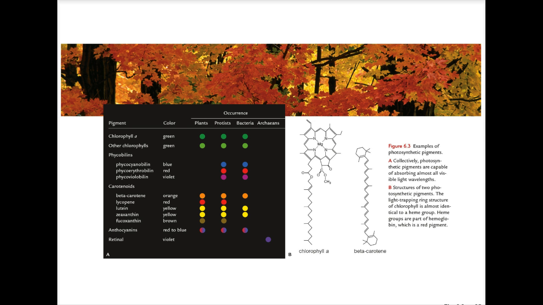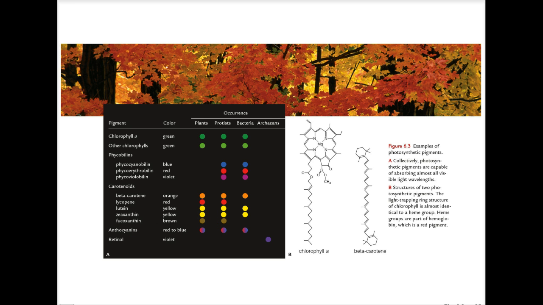The molecules that are responsible for capturing those photons are pigments. And as you can see from this table, there are a large variety of pigments. The primary pigments in plants that are responsible for photosynthesis are your chlorophyll molecules, chlorophyll A and chlorophyll B. But as you can see, there are other pigmented molecules also in plant cells.